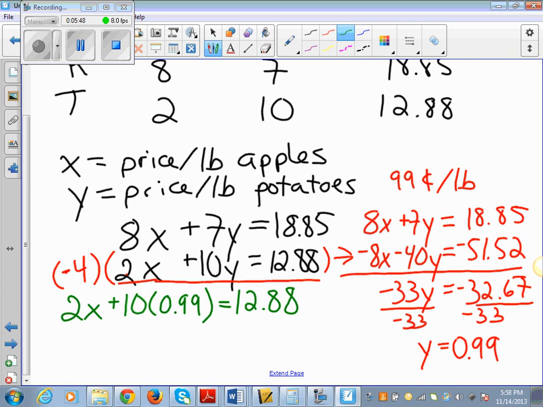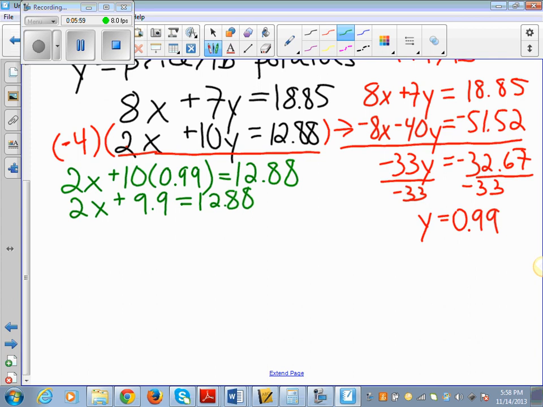So let's simplify this. 2x plus, this is going to be plus 9.9, is equal to 12.88. So we're going to subtract 9.9 from both sides, and we get 2x is equal to 2.98.